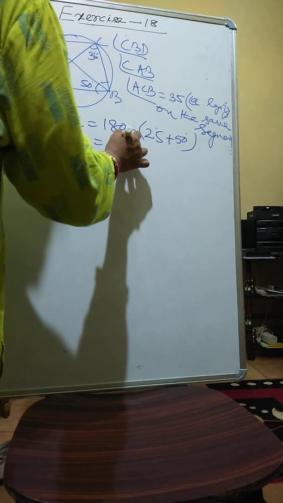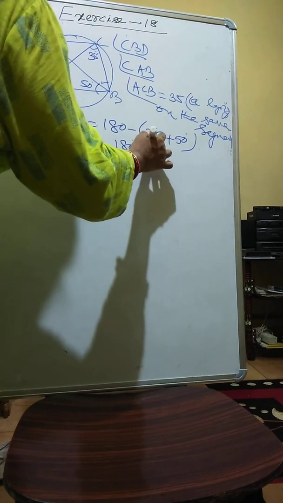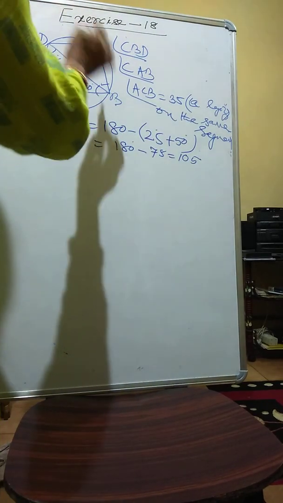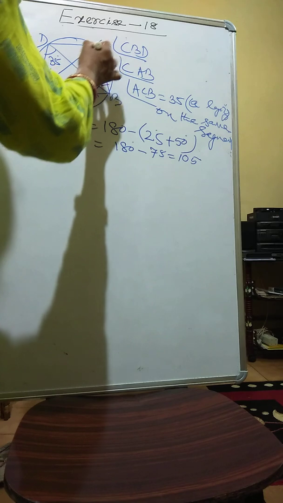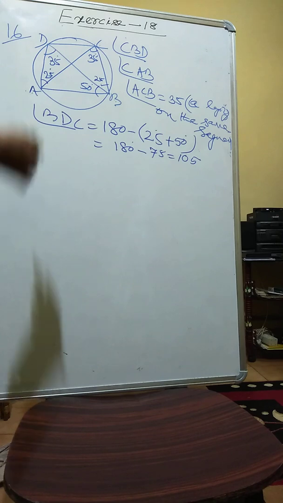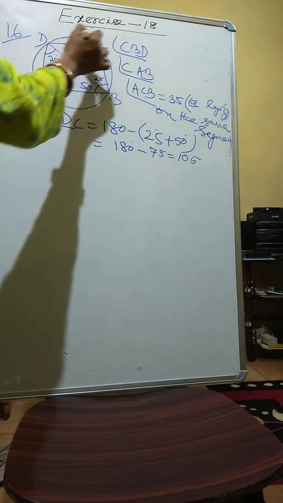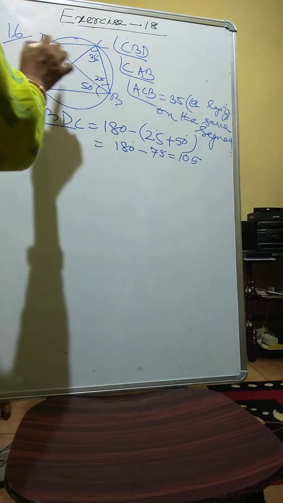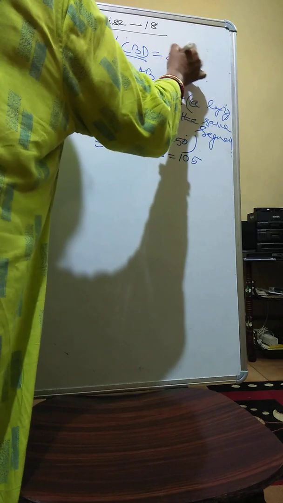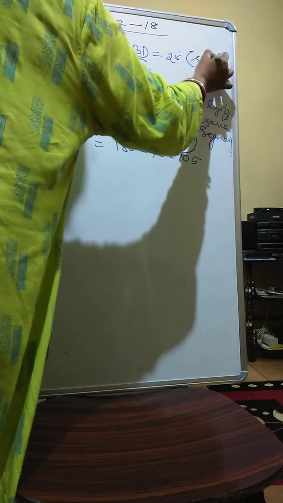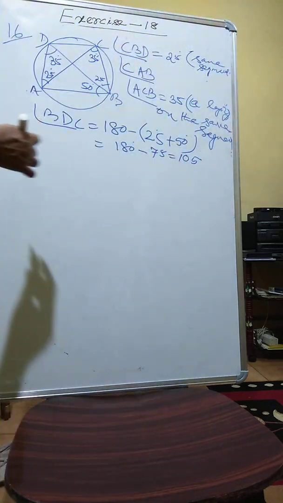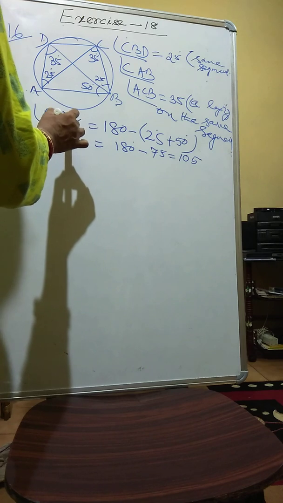You got 180 minus 75, that is 105. Why children am I telling this? You see that this is 25, this will be 25. You will write this angle is 25, this angle is 25, angle lying in the same segment is equal. Therefore, you write 25 degrees, same segment.